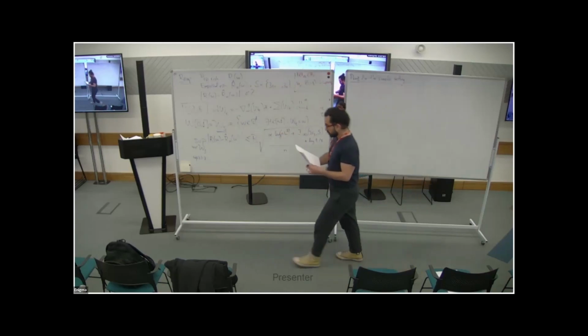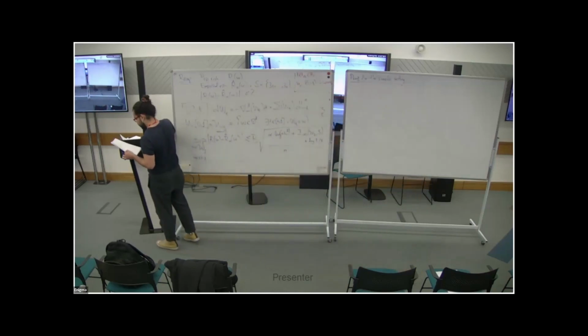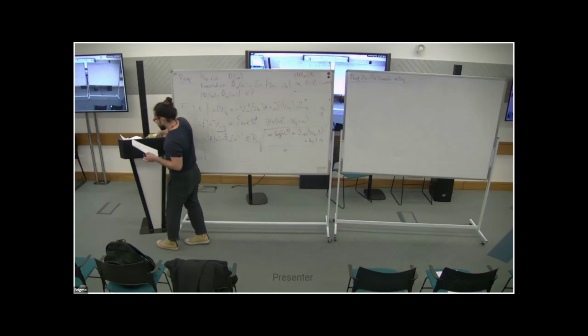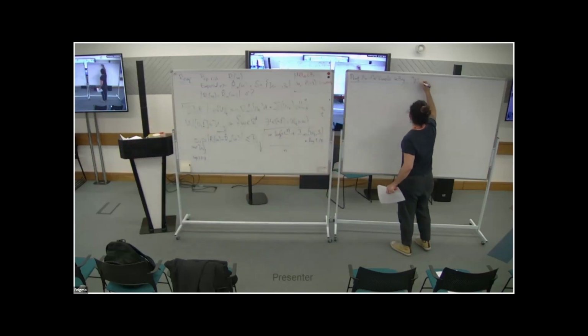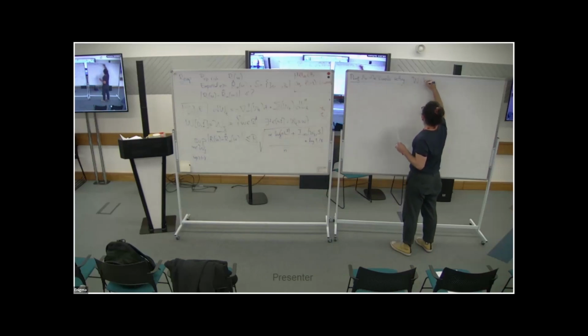Okay. So to illustrate how the proof works, I'm just going to assume we have a curly W which is bounded.